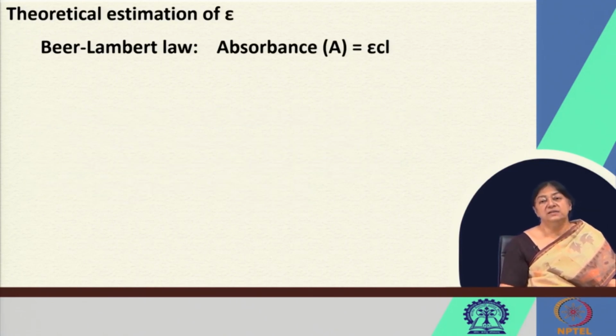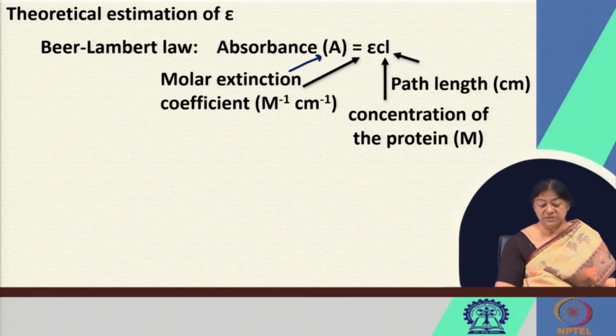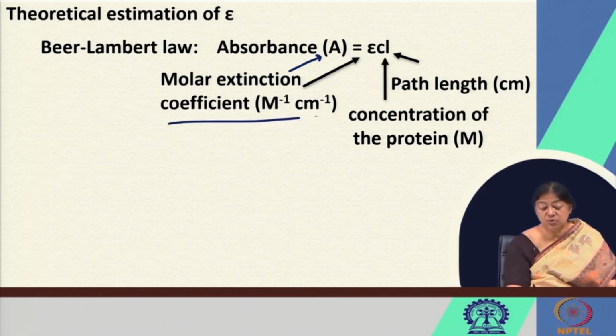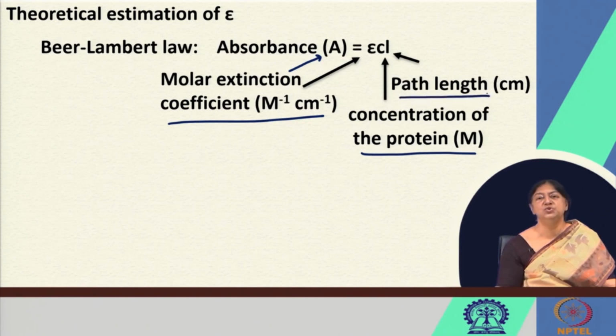We look at the Beer-Lambert law, which is something that you have probably studied already, where we have the absorbance value, and from the absorbance we can determine the molar extinction coefficient of a specific solution, given that we know the concentration of the protein that has been taken and the path length, which is usually 1 centimeter for the cuvette used in the machine.